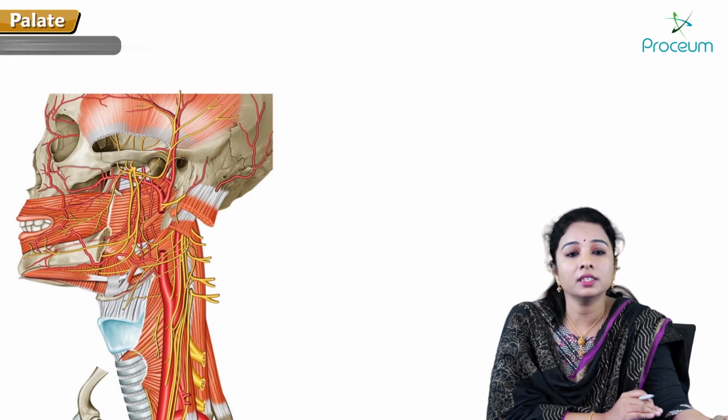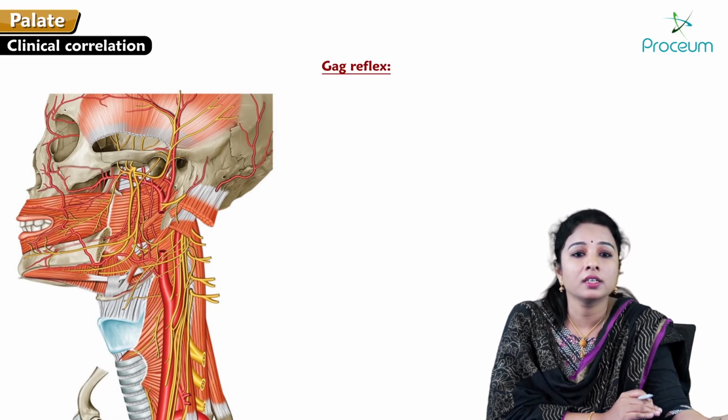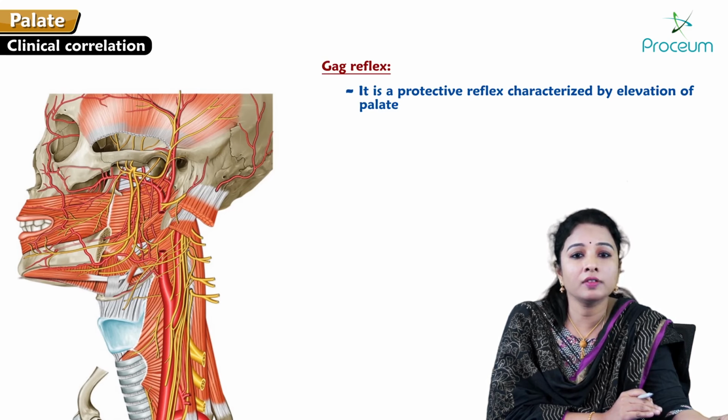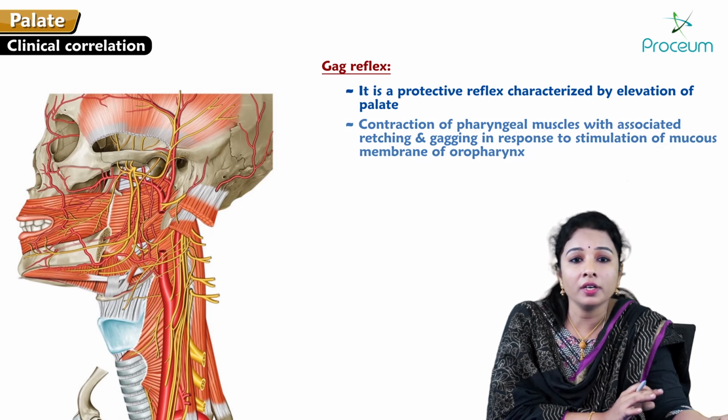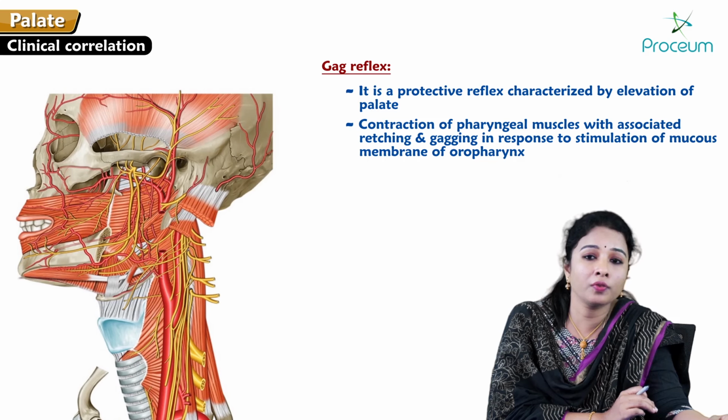Let us understand the gag reflex. The gag reflex is a protective reflex characterized by elevation of the palate, that is the soft palate, and contraction of pharyngeal muscles with associated retching and gagging in response to stimulation of the mucous membrane of the oropharynx.